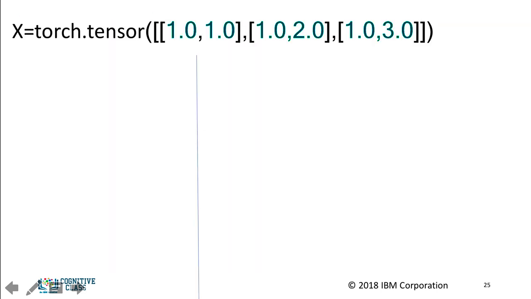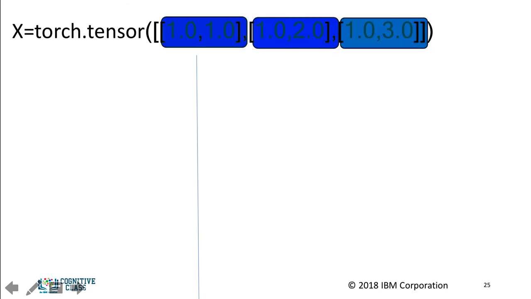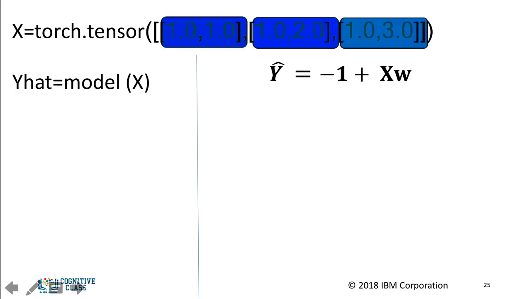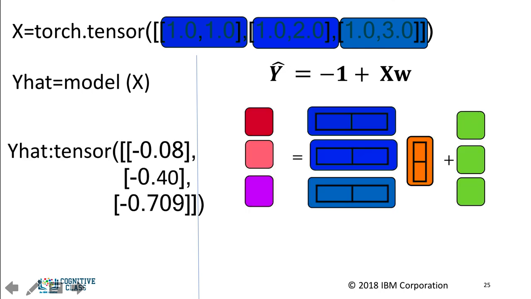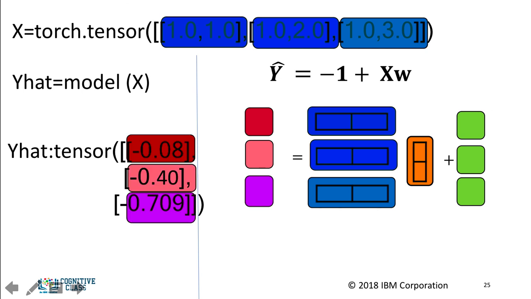We can also input a matrix or tensor with multiple rows. We'll use the colors to represent the individual samples. We input it to the object. It applies the operation, and every row of the column tensor corresponds to every row of the input. Let's look at the colors to get the following correspondence. And that's it.